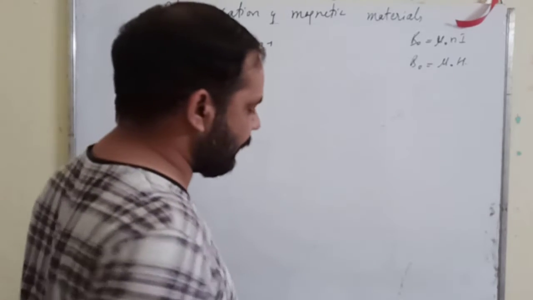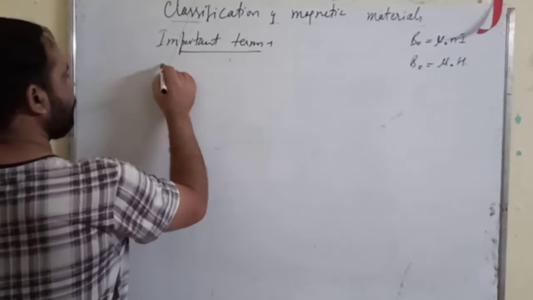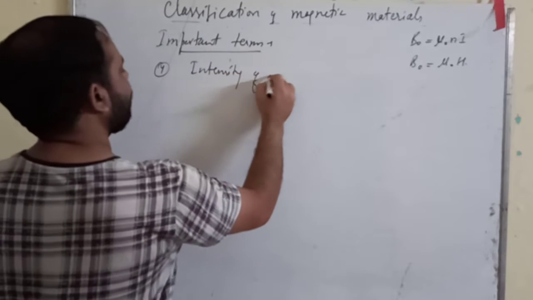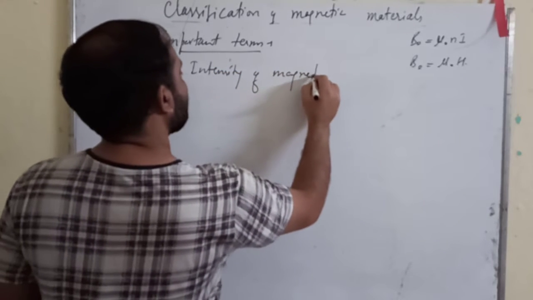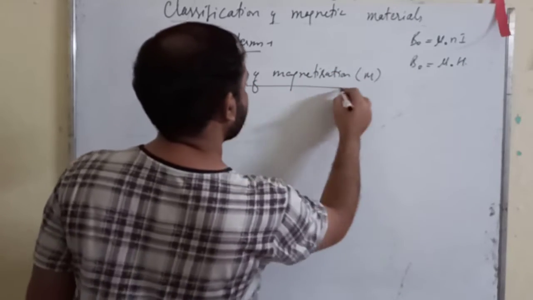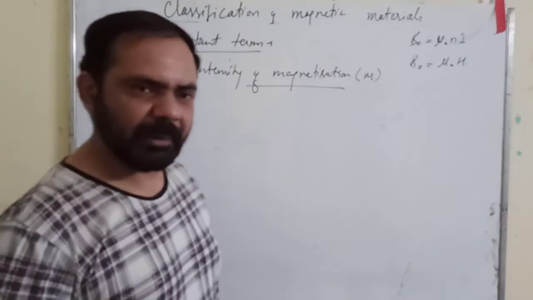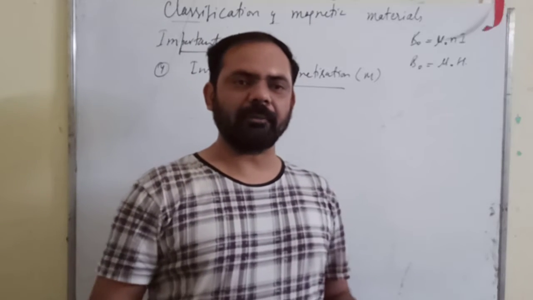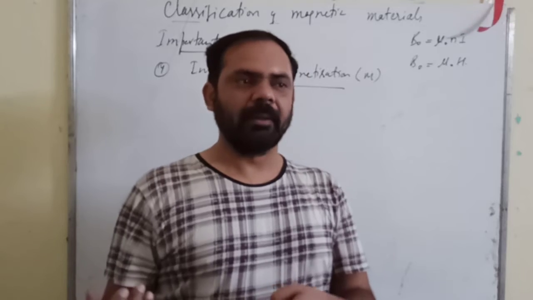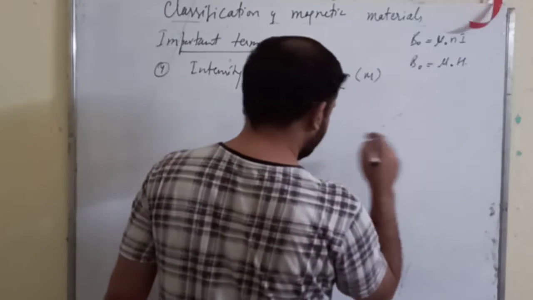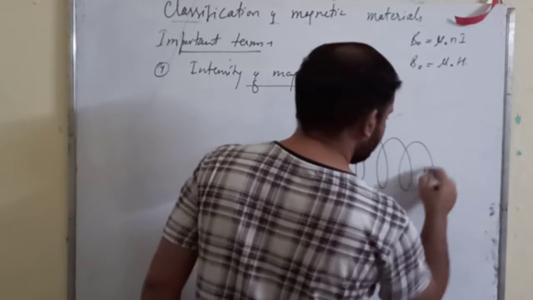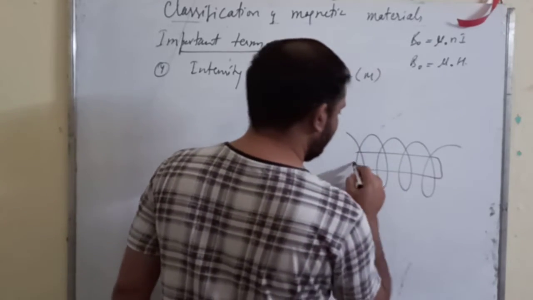Now the next term, the fourth one, is intensity of magnetization, and it is denoted by M. Intensity of magnetization means, what is the intensity of the magnetic field of the material which is magnetized? Just a minute, once again I would like to repeat this. This is your solenoid, this is the material.